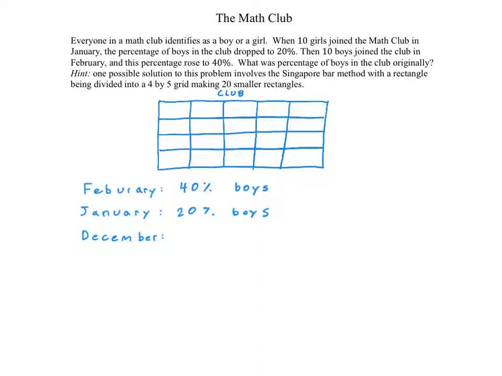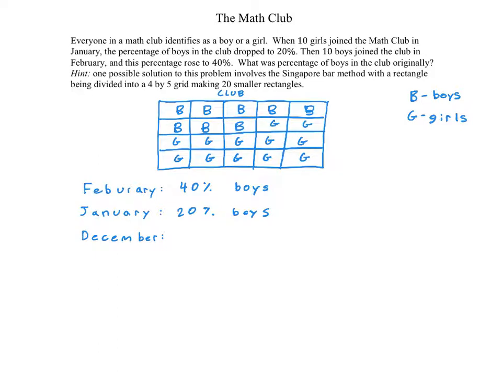We've got 20 parts in total in our diagram, and 40% are boys. So 40% of 20 is 8. Let's mark in our 8 boys. We'll write B for boys. There's 5, 6, 7, 8 boys. And the rest are girls.